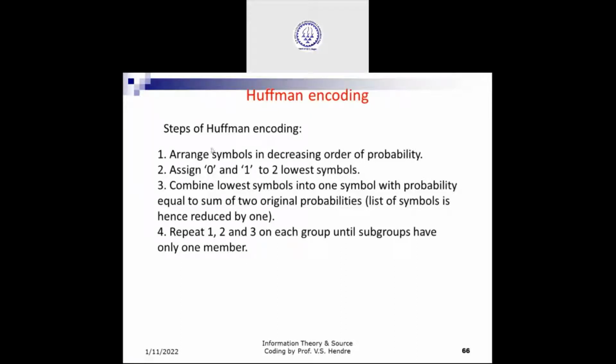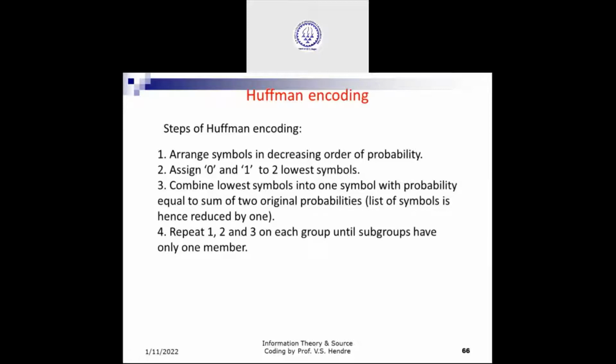Once again, I'll repeat the steps. Step number one, arrange all the symbols in decreasing order of probability, like what we do in step number one of the Shannon-Fano encoding algorithm. Step number two, focus on the two lowest symbols, club them, and assign binary 0 and 1 to these two lowest symbols.